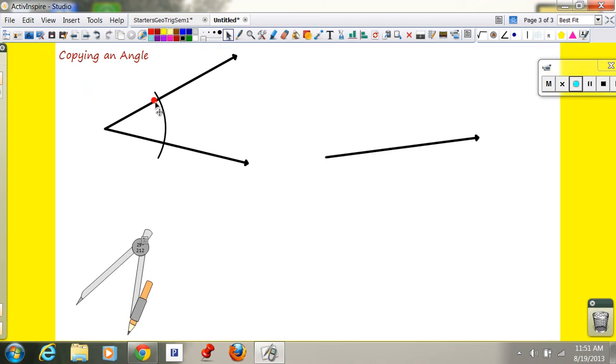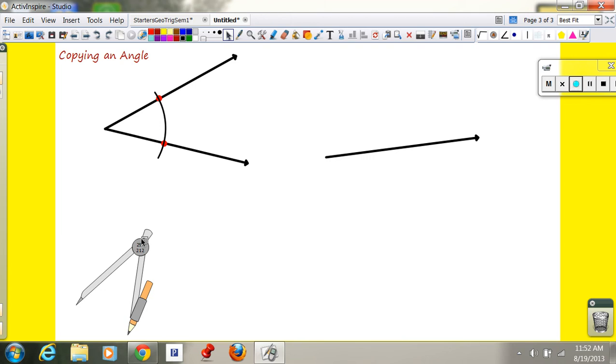Just like we needed it on the last slide, we need the red dots again. Two red dots are where it crosses my angle. So make an arc somewhere on your angle and make the two dots here.